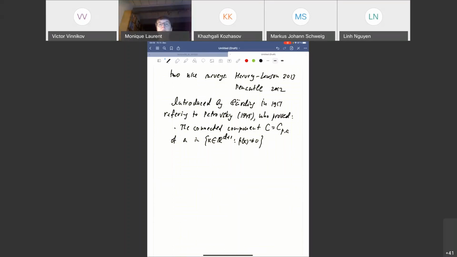So kind of we take the point A, P of A is not zero, and we move as long as P of X is not zero. So this connected component is a convex cone.